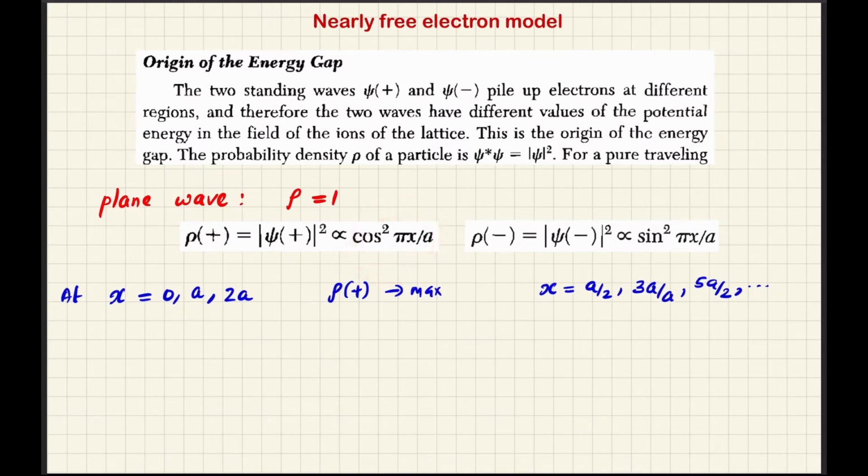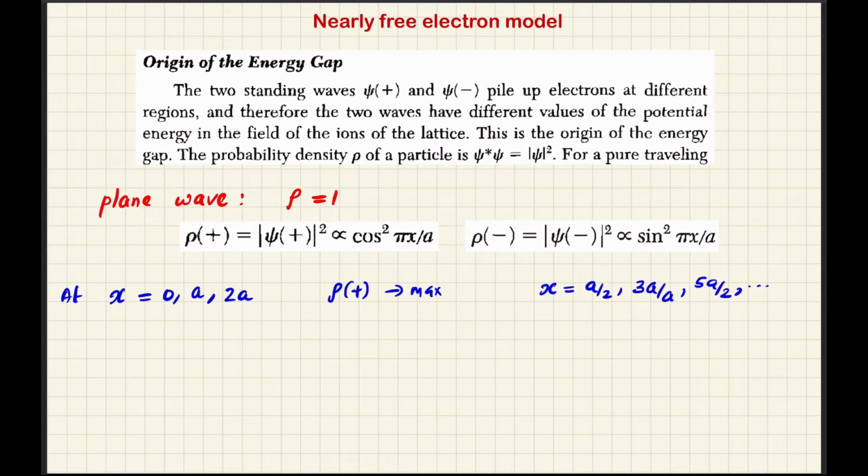This is maximum at x equal to 0, a, 2a, etc., integer multiples of a. And psi minus gives rho minus, which is proportional to sin squared(pi x/a). This is maximum at a/2, 3a/2, and 5a/2, etc.